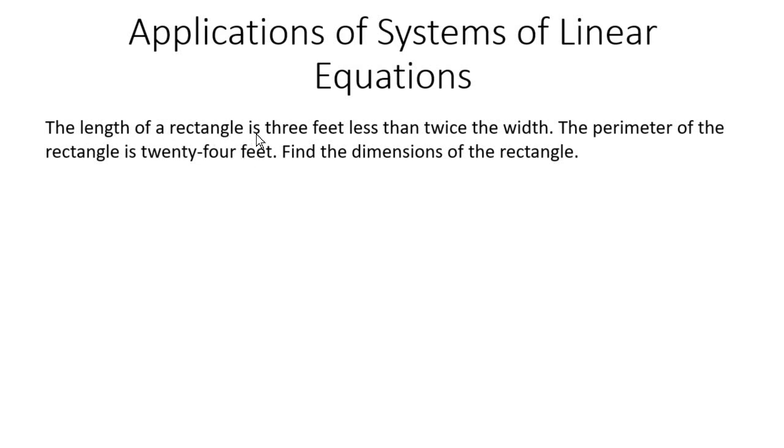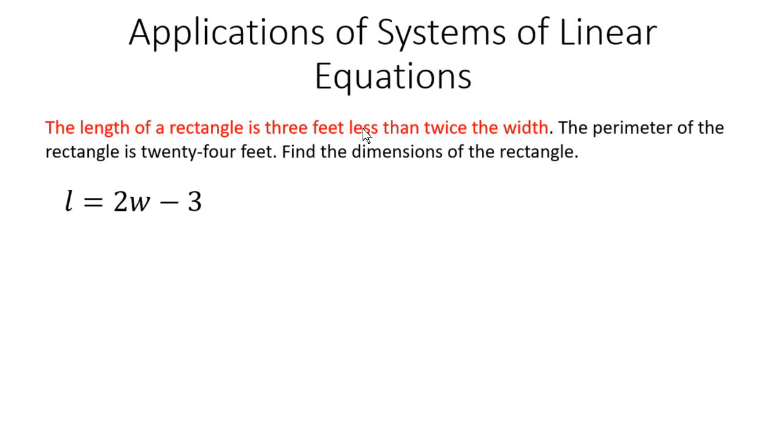It says here that the length of a rectangle, we'll call it L, and "is" is a word that translates into an equal sign. It's the verb to be. So the length of a rectangle means L equals, and then this is an expression that I can translate directly. 3 feet less than twice the width means to subtract 3 from 2 times the width.